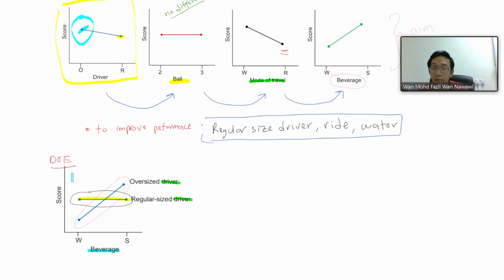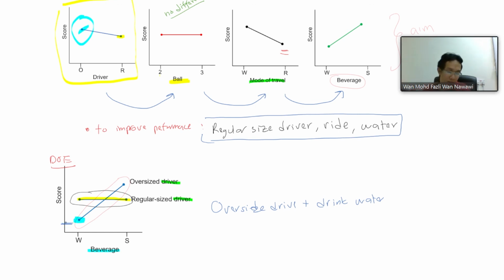But with the DOE, when you see the interaction, you now know that the oversize is not necessarily bad all the time. If you use the oversize driver plus drink water, you get better result.